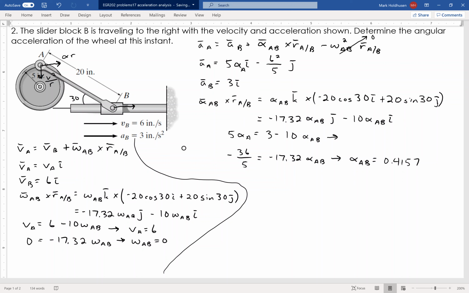Plug that in up here, and I can find that alpha A, which is what I'm looking for, is negative 0.2314 radians per second squared. So it's actually accelerating in the clockwise direction, as shown there. So again, you've got to find the velocity before you do anything with regards to the accelerations.